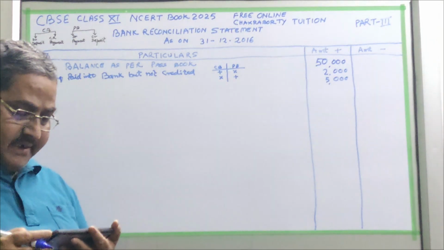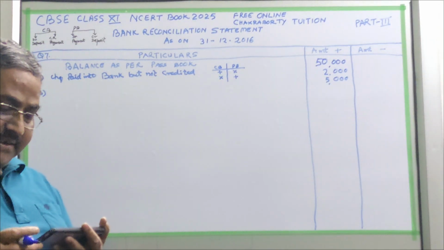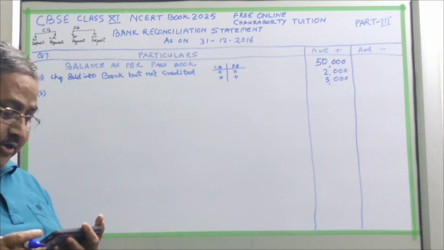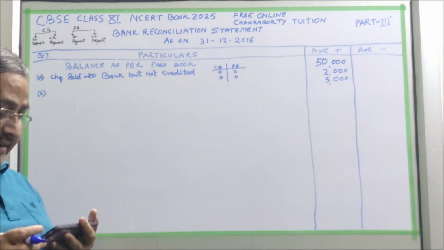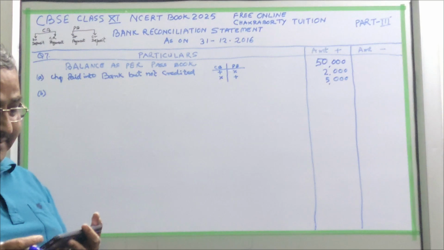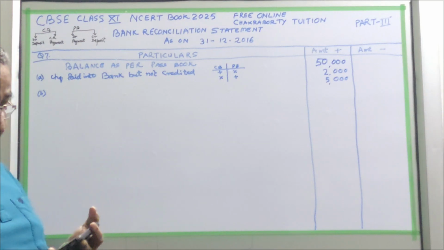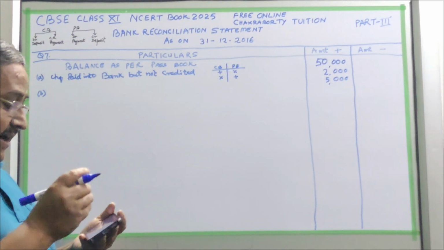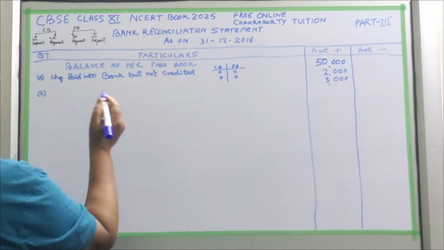Then B point. A check of 800, which was received from a customer, was entered in the bank column of the cash book in December, but was omitted to be banked in December 2016. So the check was received and entered in the cash book, but not sent to the bank.